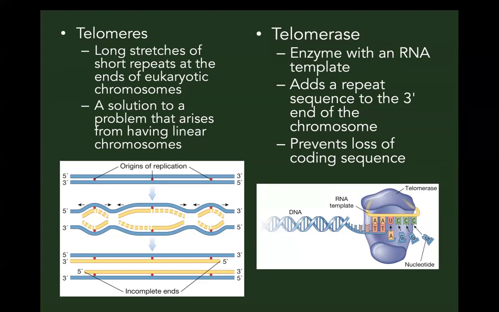So telomerase is an enzyme that has an RNA template, and it adds a little repeat section to the 3' end of the chromosome, and it prevents you from losing the coding sequence by the chromosomes just getting shorter and shorter and shorter.